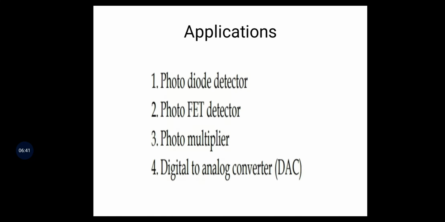Next, some of the applications of the current to voltage converter. The photodetector: the output current proportional to incident light energy is obtained from photo devices like photocell, photodiode and photovoltaic cell.